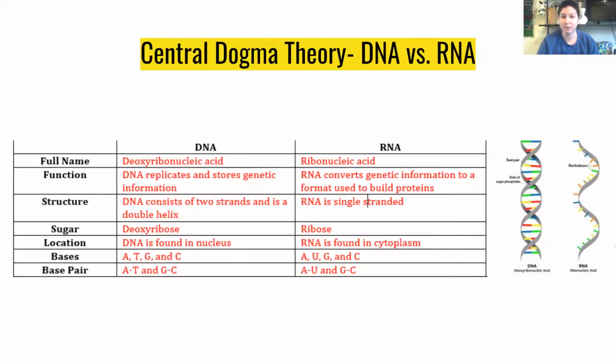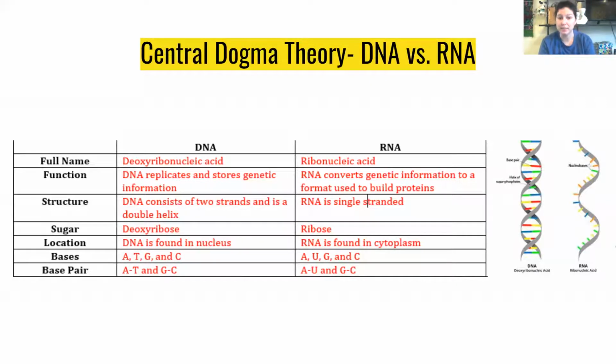You just did this, and it's a really good check. Check your notebook to make sure that this is all what you have. The biggest differences between DNA and RNA: DNA is double-stranded. RNA is a single strand, so it's basically half of your DNA. The sugar we know is deoxyribose in DNA and ribose in RNA.